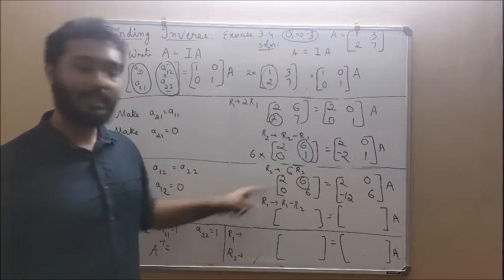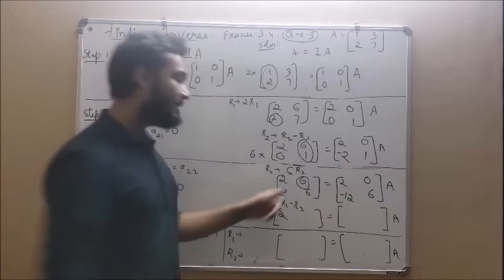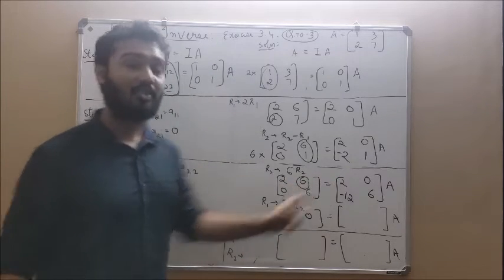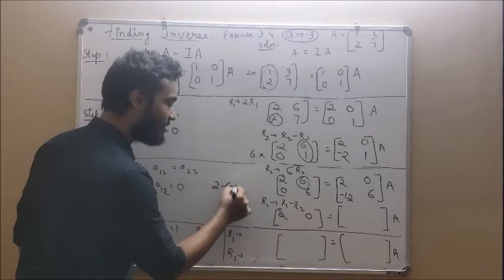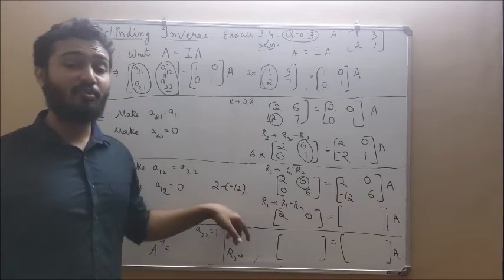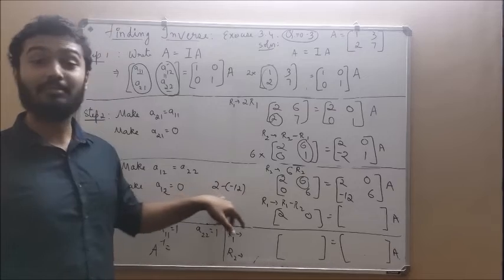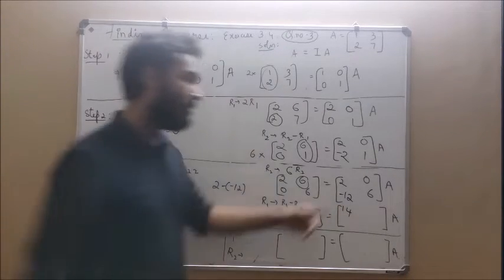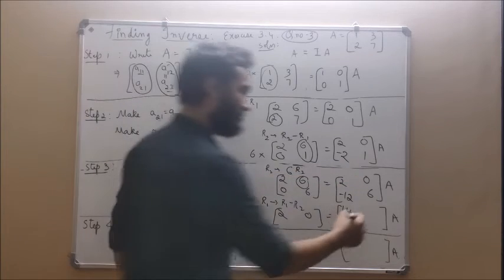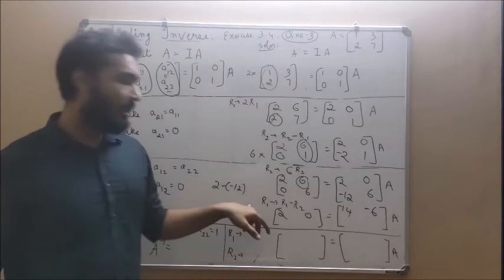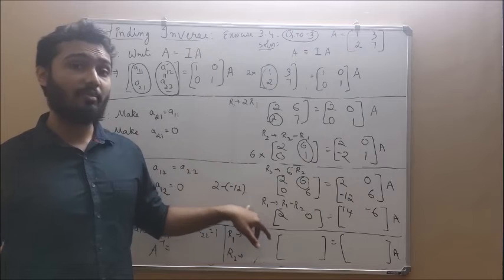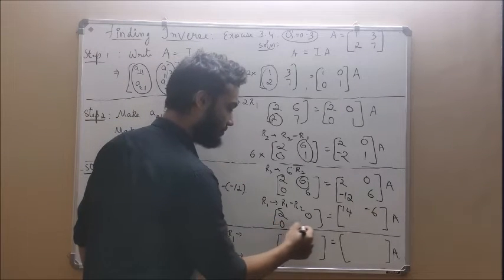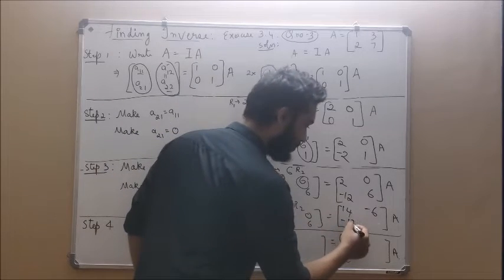So 2 minus 0 is 2. 6 minus 6 is 0. 2 minus of minus 12, that is 2 plus 12, 14. 0 minus 6 is minus 6. Here row 1 only changes, row 2 remains as it is. So we write 0, 6, minus 12, 6.